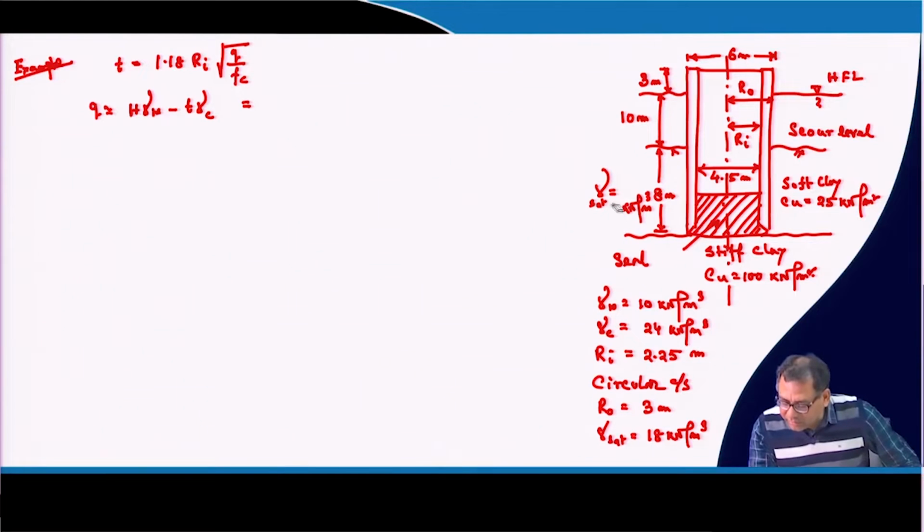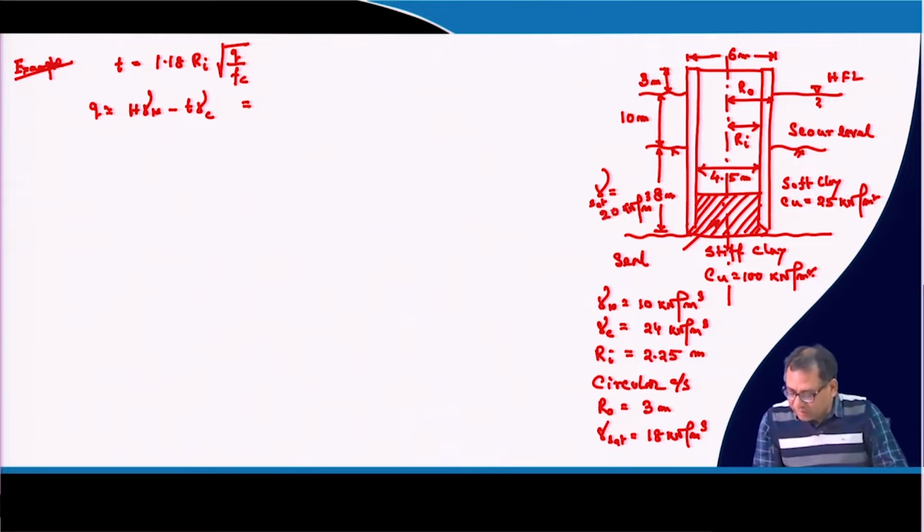Sorry, this is not 18, this is 20 kilonewton per meter cube. So, gamma sat is 20 kilonewton per meter cube, and obviously the soil will be saturated because it is below the water level. Anyhow, that unit weight may not be required.